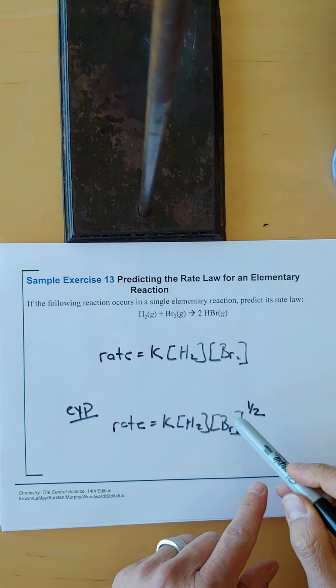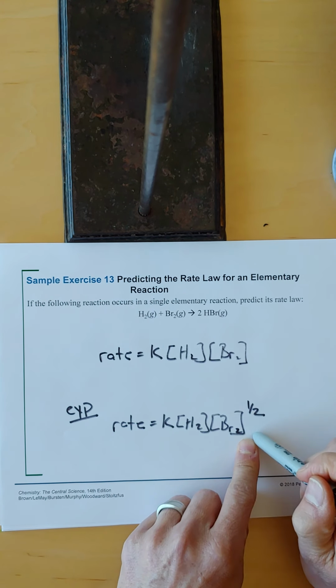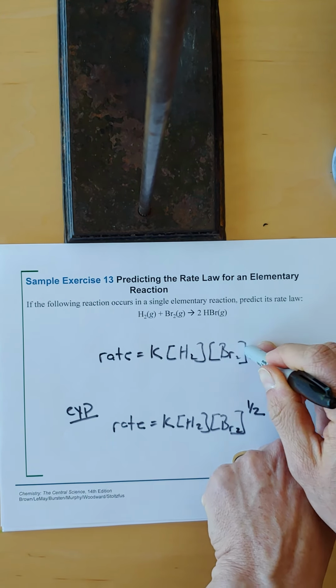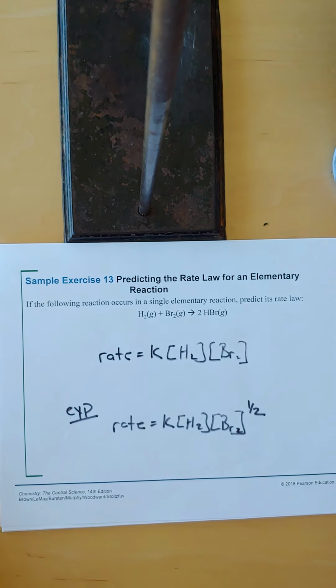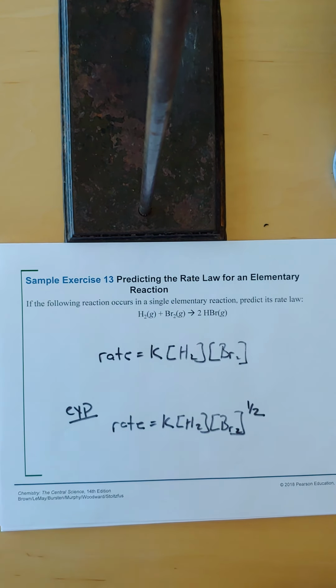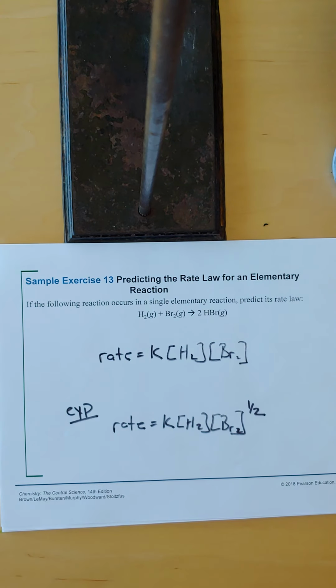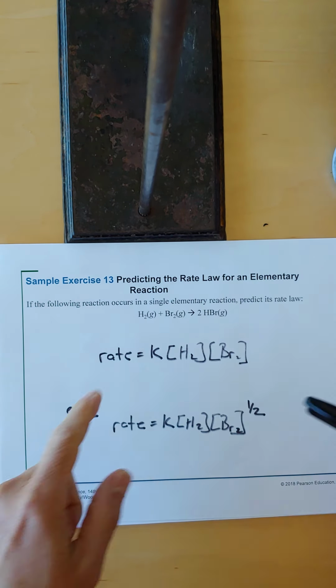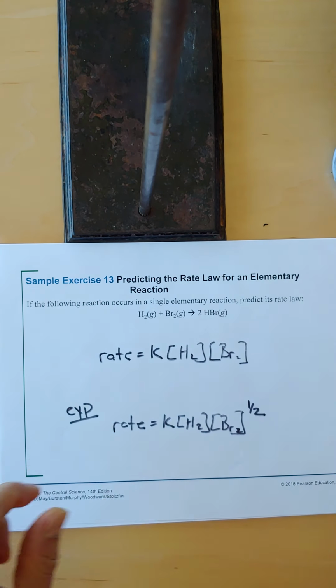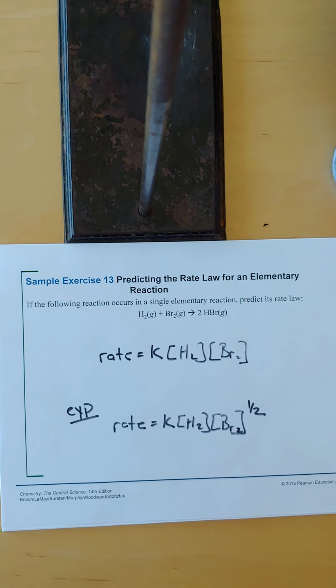So what we conclude from that, because our experimental rate law doesn't match up with our predicted rate law, is that it's not a single elementary reaction. It has to involve 2 or more steps. Okay, so when our experimental rate law doesn't match up with our predicted, then it's not a single elementary reaction, that it's actually a multi-step process.